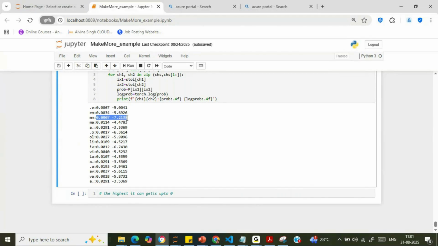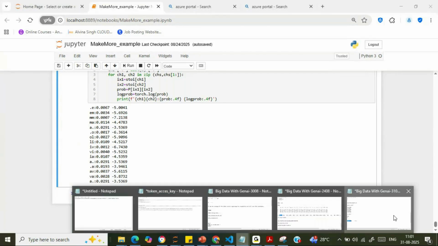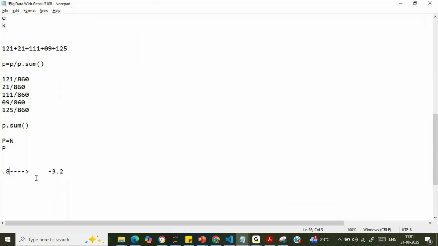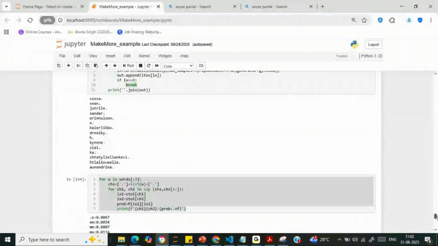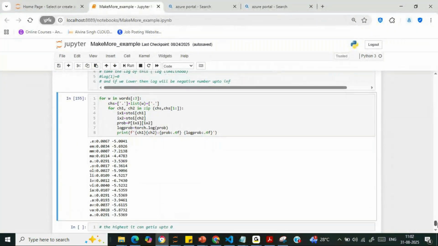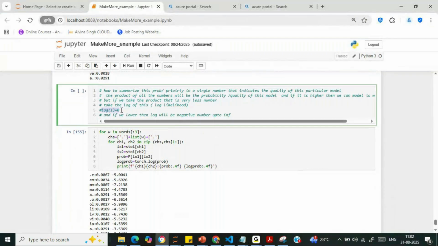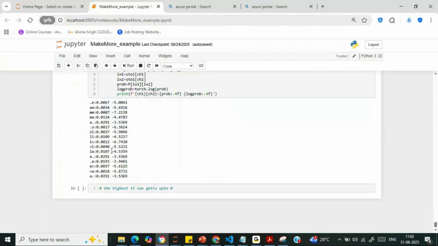So if this percentage is decreasing, the values in negative are increasing. If this particular value is 1, then the output will be 0. If it is 100%, the outcome I get is 0, because the log of 1 is 0.